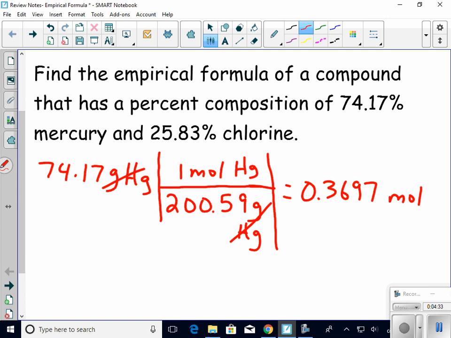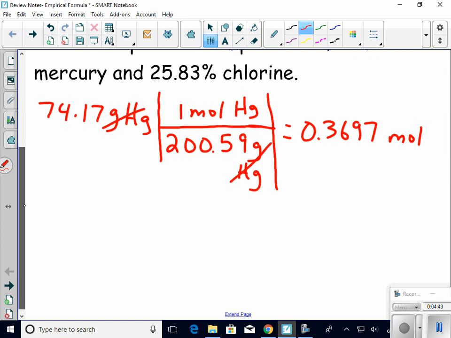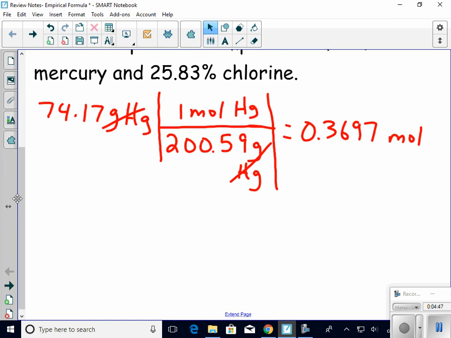Okay, I'm going to leave the whole big number. I get 0.3697592103. I'm going to leave that whole number in my calculator. So that's not a rounded value by any means, because I'm not using that value for anything yet.